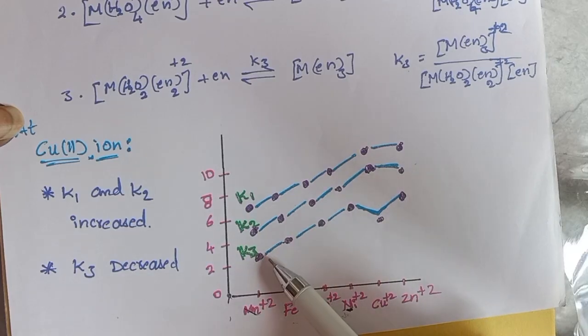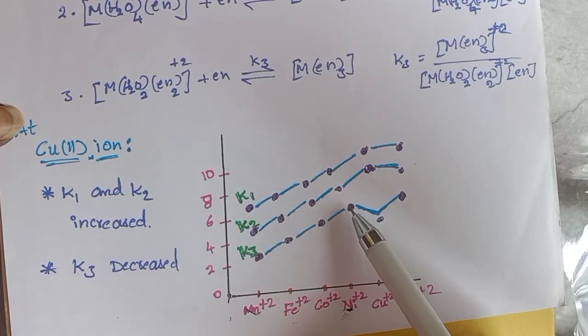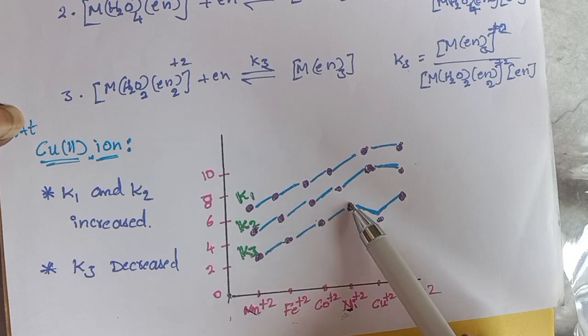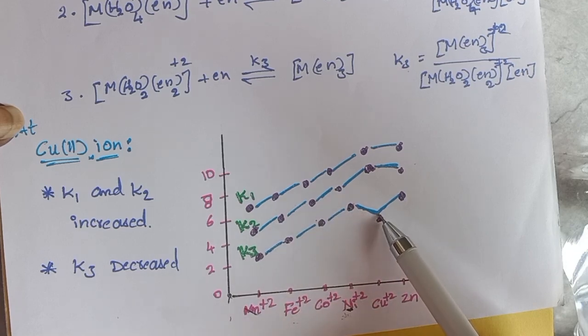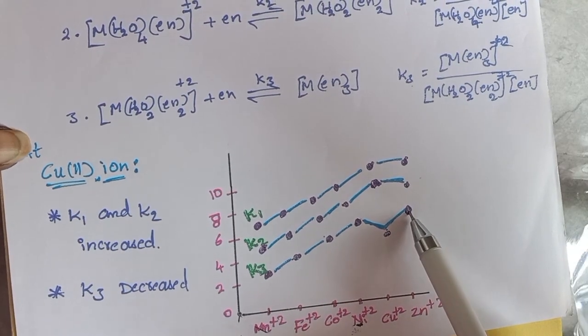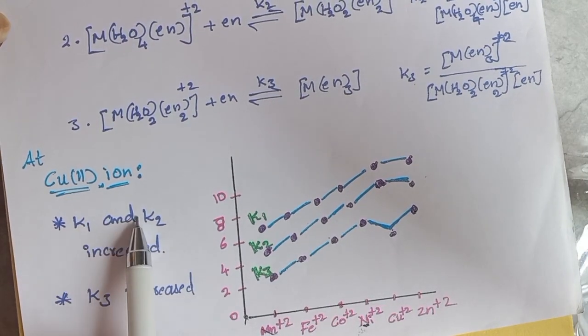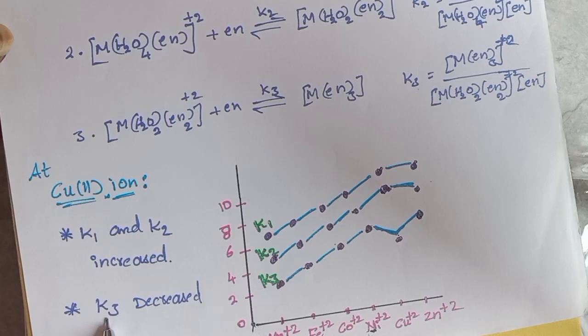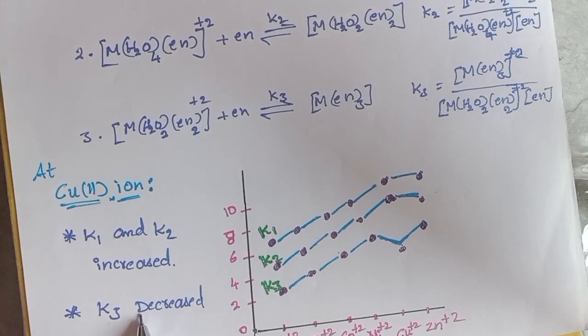But K3 increases from manganese to iron, iron to cobalt, cobalt to nickel, and then suddenly decreases in the case of copper. That means K1 and K2 have increased for the copper(II) ion, which has the d9 system, but K3 has decreased.